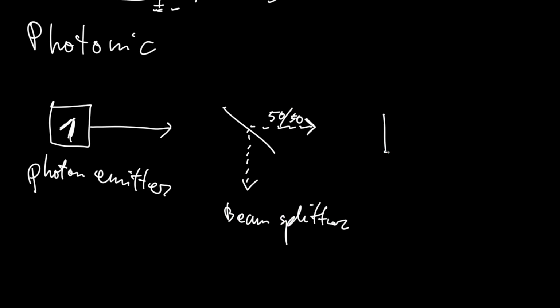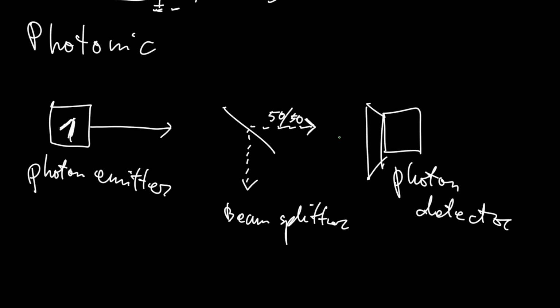And then you can have some detectors, also detecting the photon and telling you if the photon is received or not. So this is the photon detector. And you can have the same thing here, also a photon detector. And then it's gonna tell you 1 or 0 if the photon is detected or not.